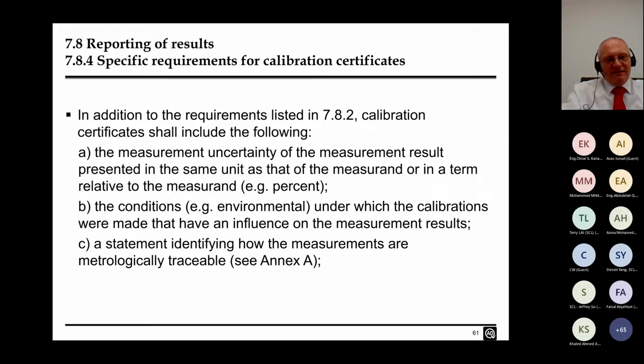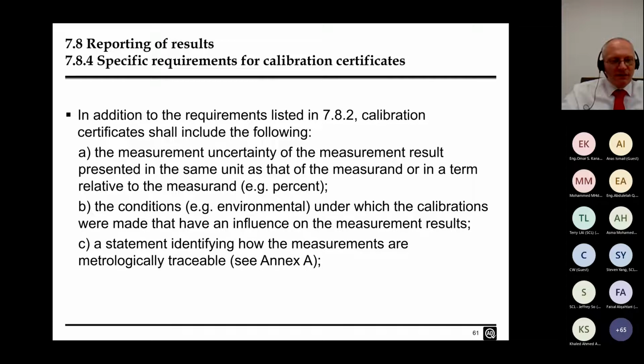However, there are specific requirements for calibration certificates. The measurement uncertainty of the measurement results shall be presented in the same unit as the measurand or in a term relative to the measurand, so percent perhaps. This is generally followed, but there are some specific examples where people seem to report the measurand in one unit and the uncertainty in another.